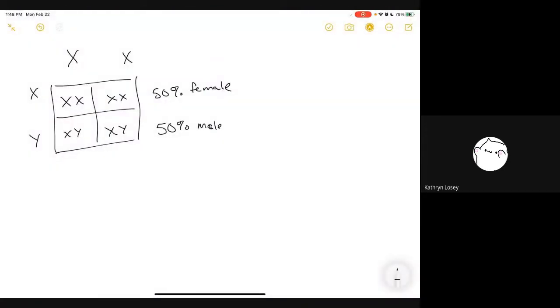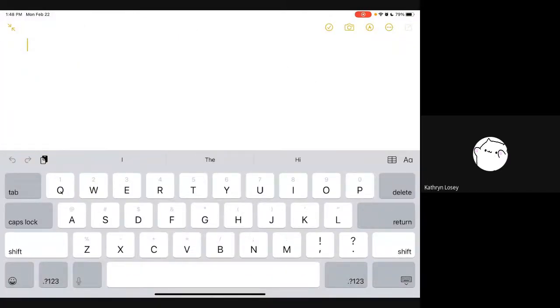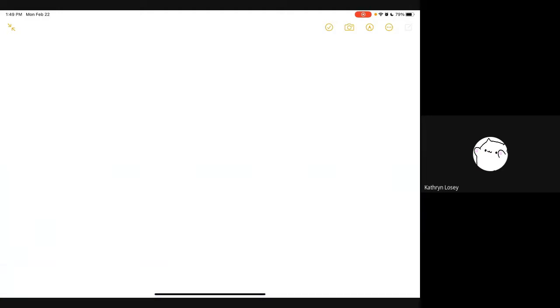My pen is not working. For some reason, this doesn't want to work. All right, let me make a new one here. One sec, technical malfunction. Well, I guess I'm not going to do this.